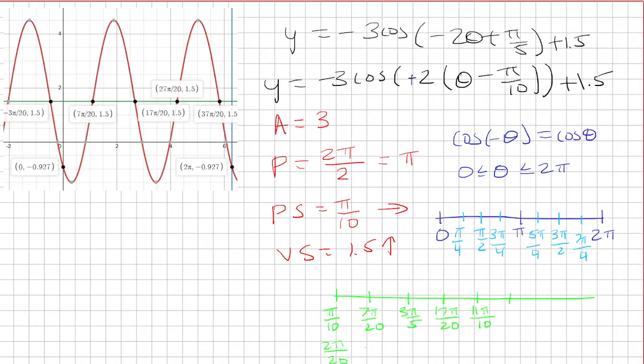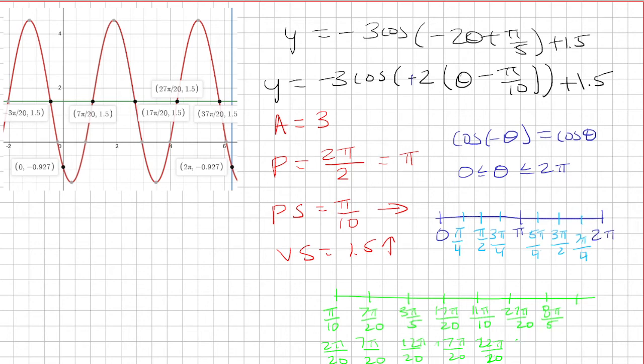If you convert these all with a denominator of 20, what we're really doing is adding 5 pi over 20 for each one. So you're just going to continue the pattern. 22 pi over 20 plus 5 pi over 20 is 27 pi over 20. And then add 5 pi more. That's 32 pi over 20, which is 8 pi over 5.